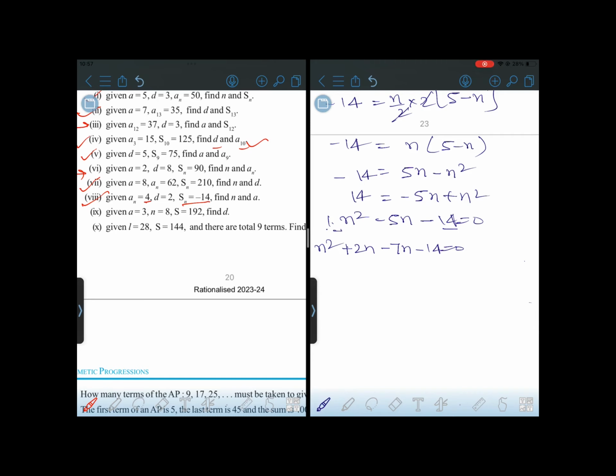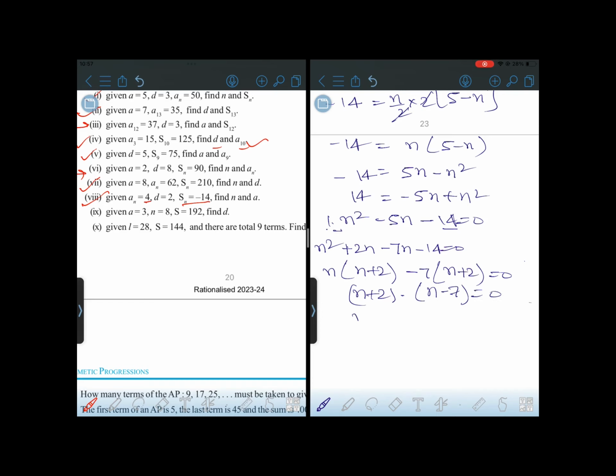Here we can take n common, so that gives us n plus 2, and minus 7 common, so that gives us n plus 2. Now we have n plus 2 into n minus 7 equal to 0.